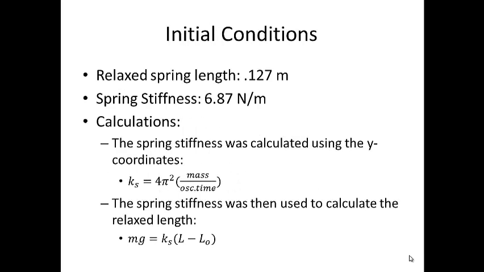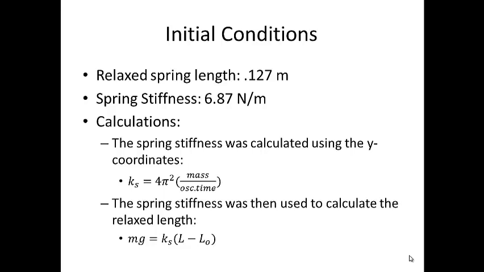The initial conditions for this experiment were used in order to create a prediction model. It was found that the relaxed spring length was 0.127 meters and the spring stiffness was 6.87 newtons per meter. The spring stiffness was found using the equation spring stiffness equals 4 pi squared times the mass divided by the oscillation time squared.